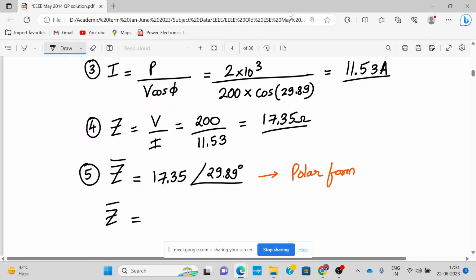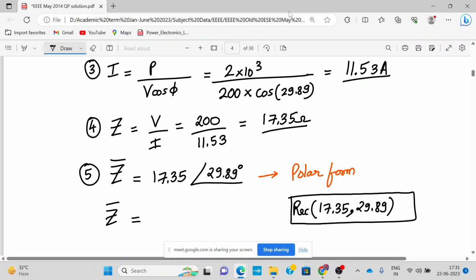I can do it with the help of calculator. So in your calculator, you can type REC, or REC bracket, 17.35 comma 29.89. So you do this in the calculator. What answer do you get?